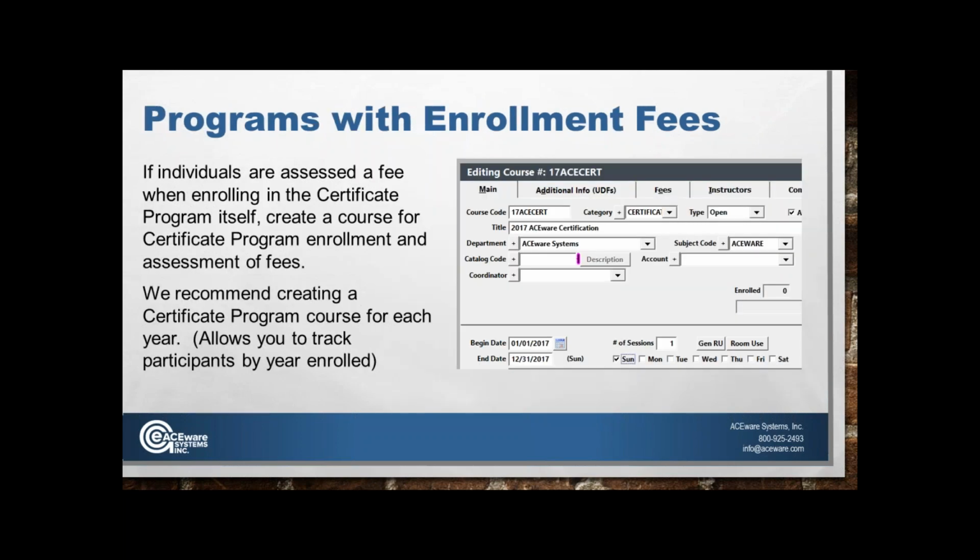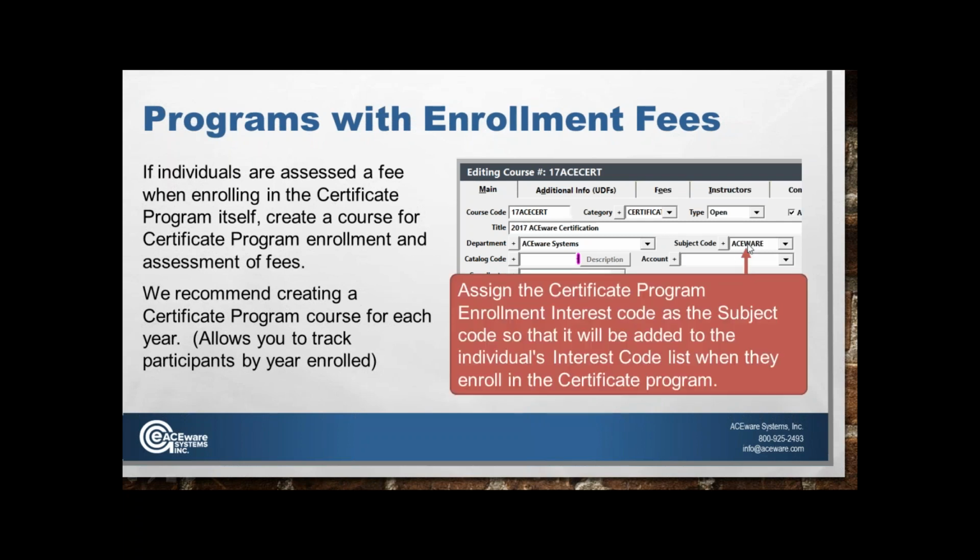So now, programs that have an enrollment fee. The one big point here about the enrollment fee is that you'd want to make sure that the interest code on this certificate application course is the one that matches to the ACEware certificate, or whatever the interest code of the certificate, and that'll automatically flag those names.